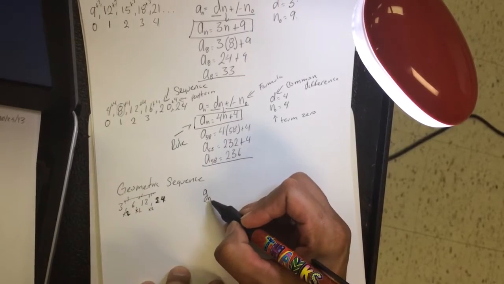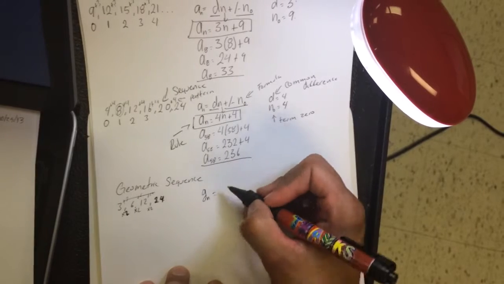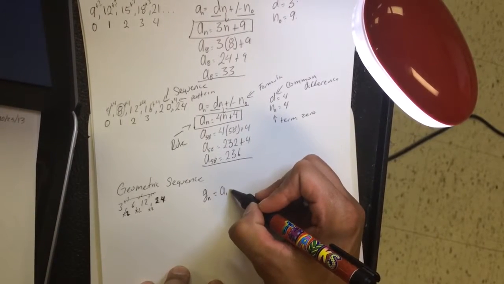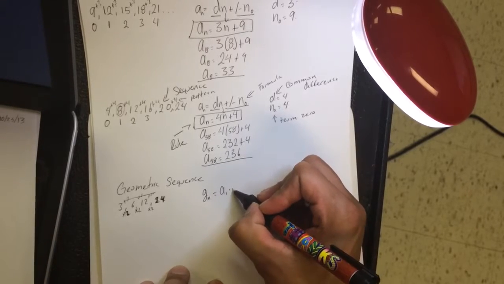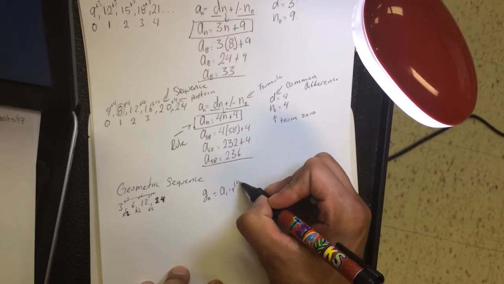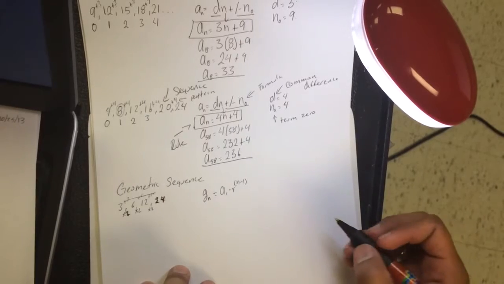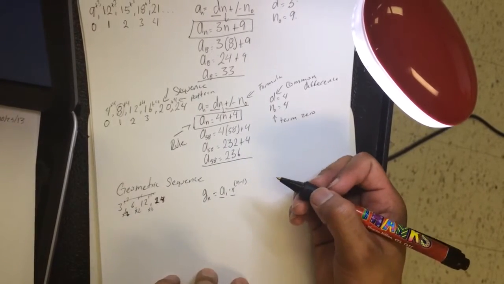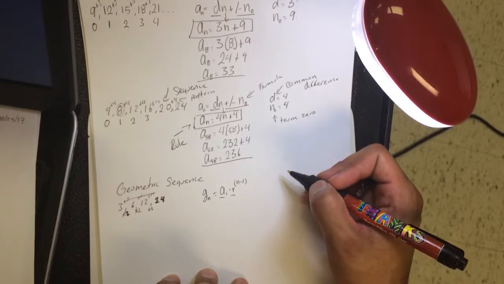So I'm going to use G for geometric. And then the formula for that is G sub n equals A sub 1 times R to the power of n minus 1. You have to find A sub 1 and R. That's all you need to find.